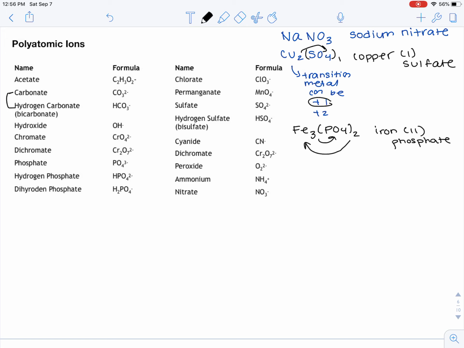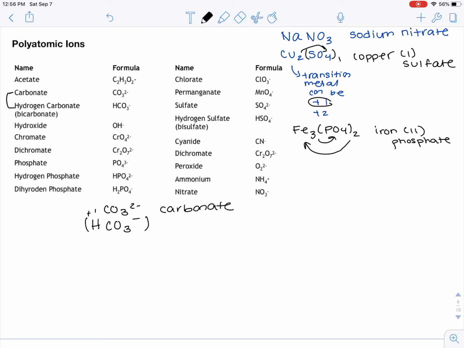You see that CO3 2- is named carbonate. But all of a sudden, you have HCO3- below that. Well, the reason that it's minus is because every hydrogen is a +1. So +1 with -2 is still a -1 charge. So it's still a polyatomic ion.